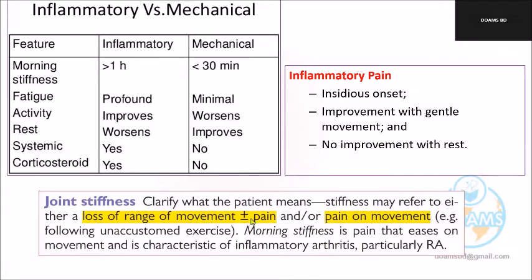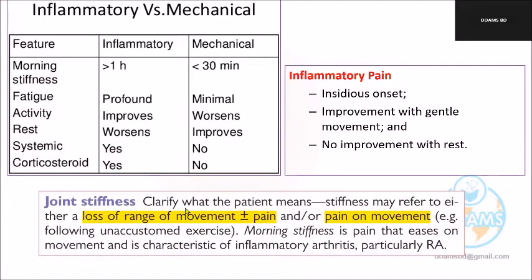That means pain may not be there, just restricted movement of the joint with or without pain, and pain will be on movement. On movement there may be pain, may not be pain. Especially pain will be there following unaccustomed exercise.